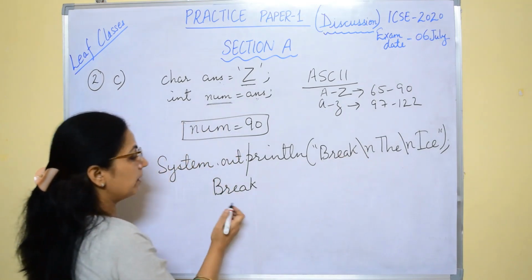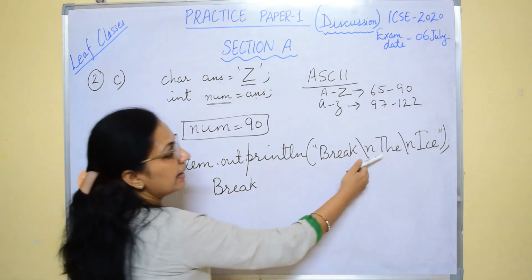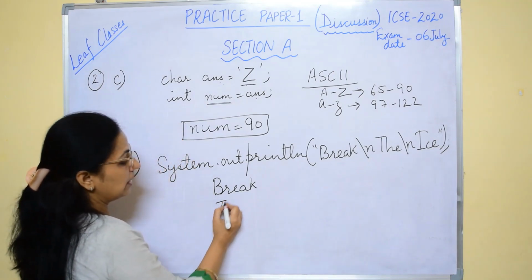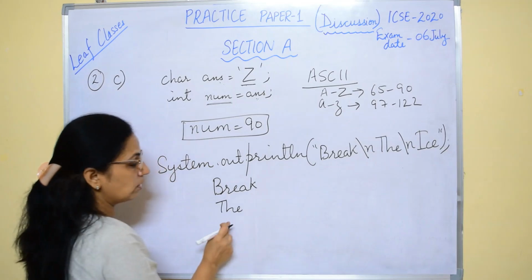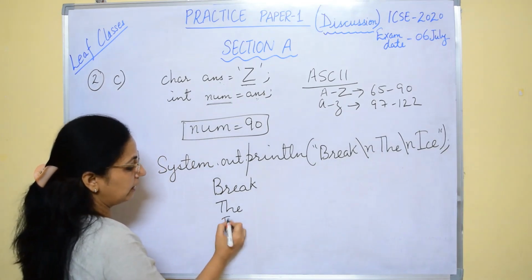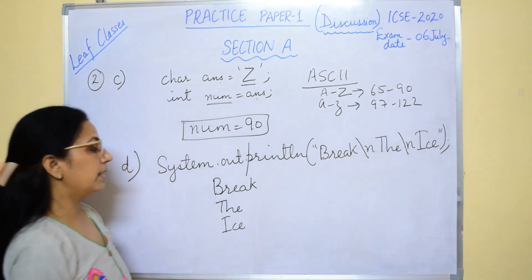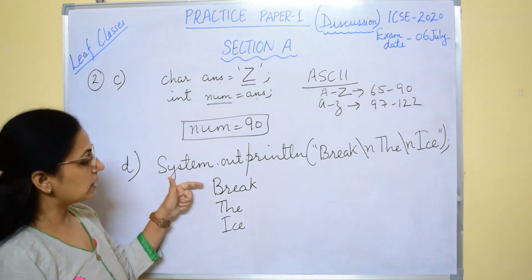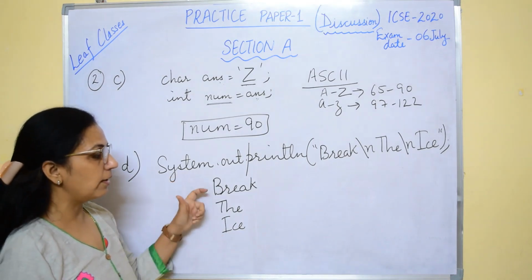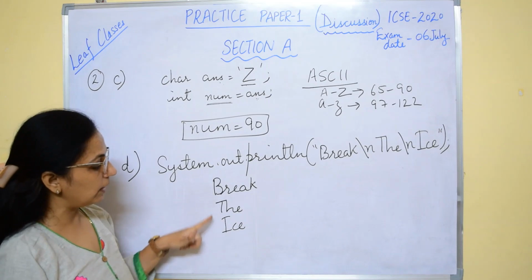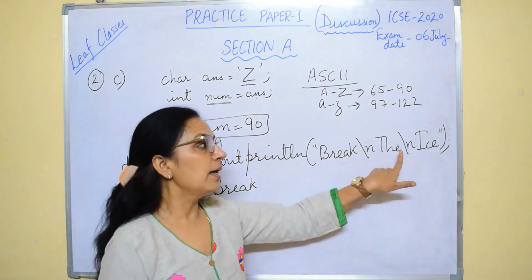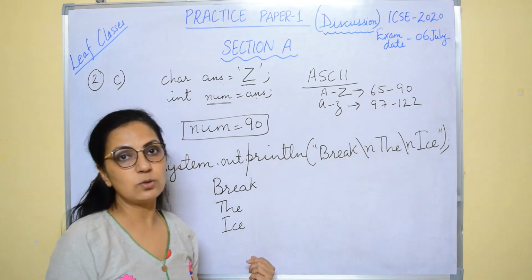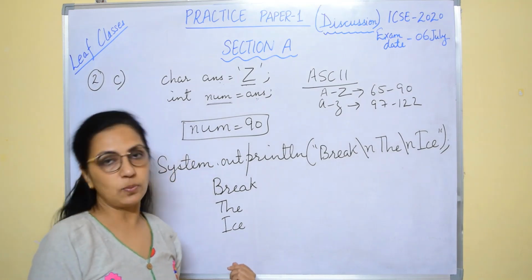The cursor will be shifted to the next line. Then after that capital T, the word The is there. \n will again take you to the next line, and after that the word is is there. So the output of this statement will be Break, The, is on different lines. Please take care of the alphabets or the values which are given here. Exactly the same case will be there in the output as well.